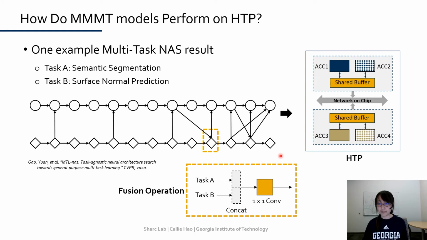So this is the MMT model, and this is the heterogeneous accelerator used in our simulation. Here we are imitating the Xilinx ACAP architecture. We're also using the network on chip for communication, and different accelerators are grouped together with shared buffers. Of course, you can use your own HTP for simulation or for future search.